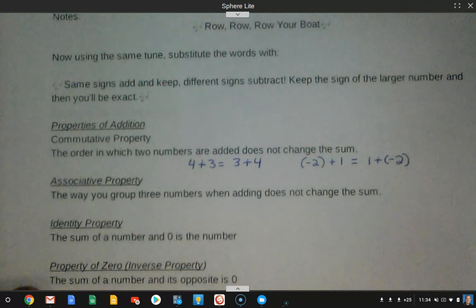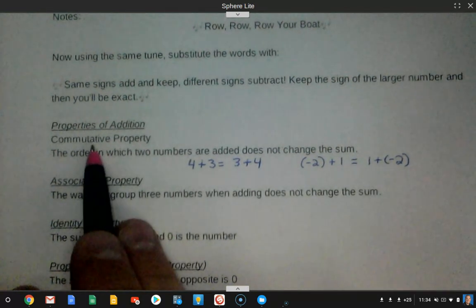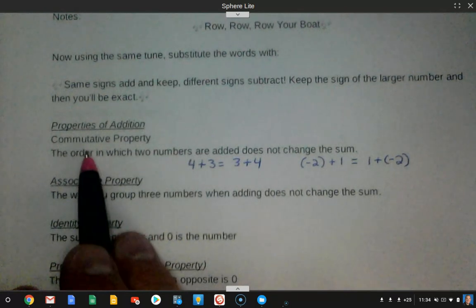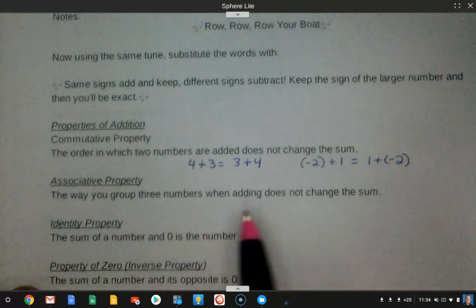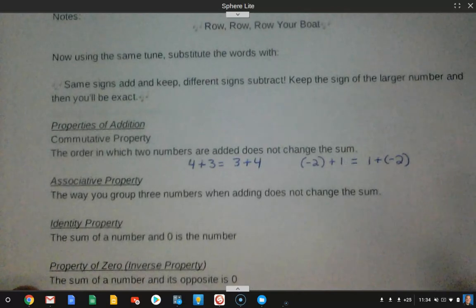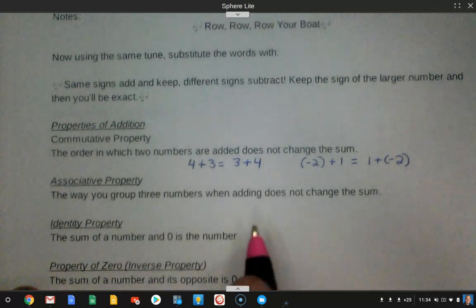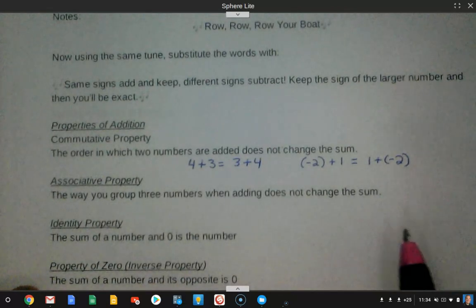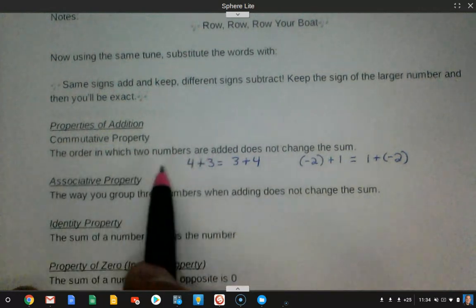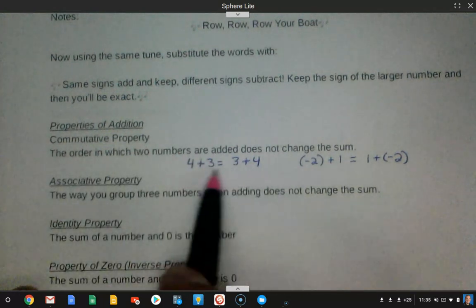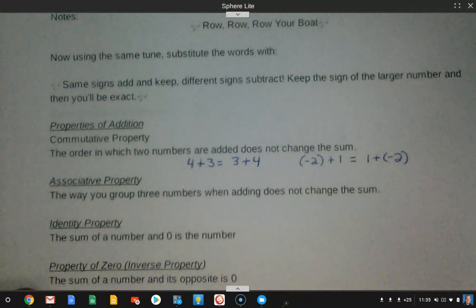So you can do it either way. Now, the way that I remember commutative property is if I commute to Colorado Springs, it's 41 miles. If I travel from Colorado Springs to Canyon City, it's still 41 miles. So commutative property says no matter which way I travel, the order doesn't matter.